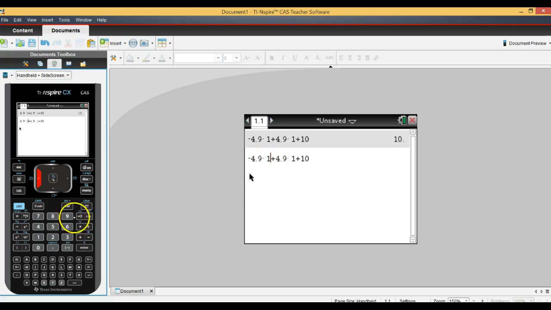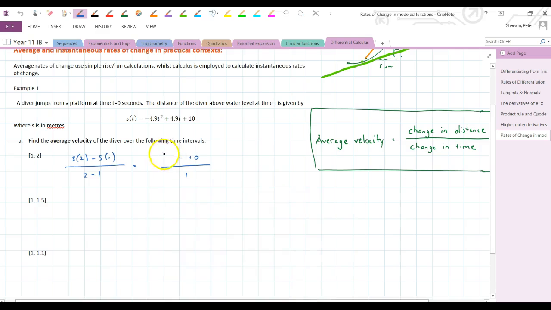That's my t squared for when t is 1. Now I want t is 2, so that's times 4. Then I arrow across to 4.9 times t, which is now 2, plus 10, I hit enter, that's 0.2. So I go back in here and put in 0.2 here. So I've got 0.2 minus 10 over 1, which I believe is minus 9.8.